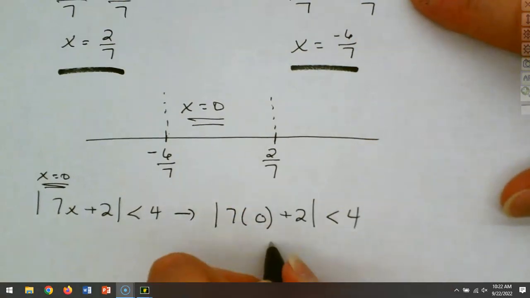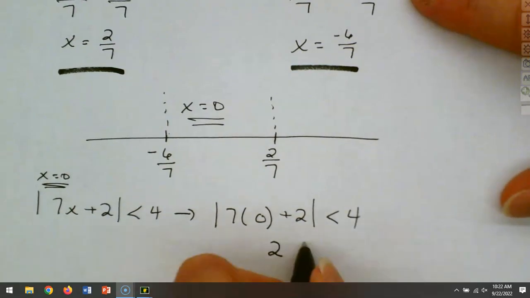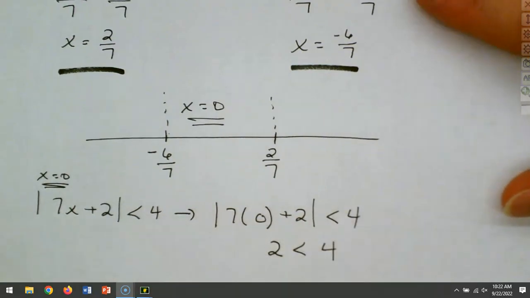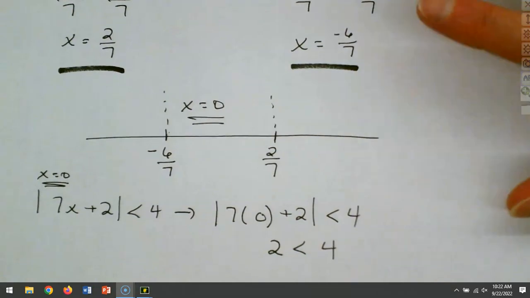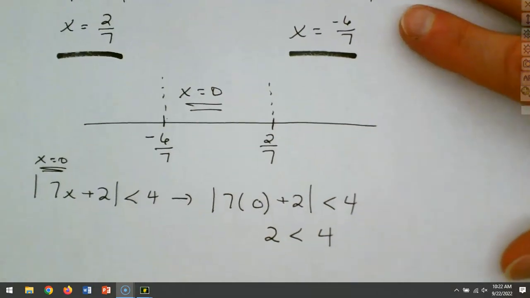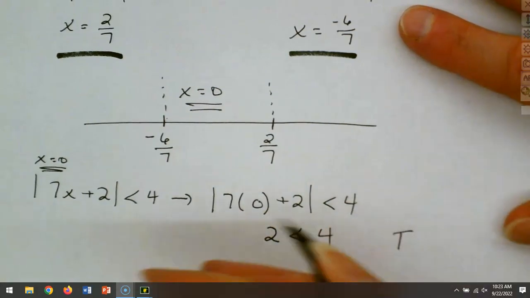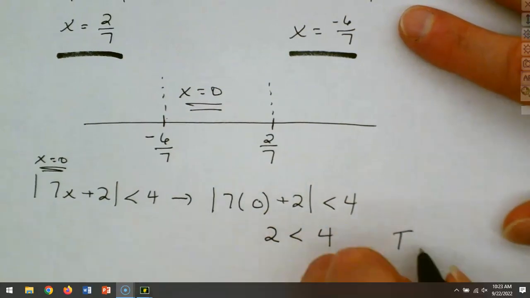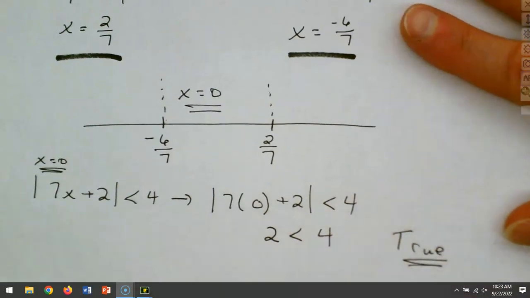So that gives you the absolute value of 2, which is 2. And in this case, is 2 going to be smaller than 4? True or false? In this case, 4 is the bigger number. It's opening towards the bigger number, right? Points towards the smaller one. So this would be true, wouldn't it?